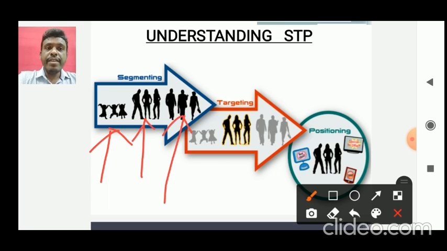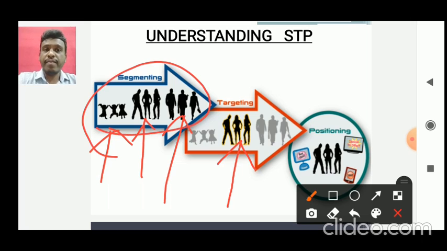Then out of that, to whom are we going to serve? Suppose it is an electronics shop which you have, and you have chosen that the college students are those who are going to purchase a lot of electronic items from us. So that is why you have chosen one segment only out of the 3 available.